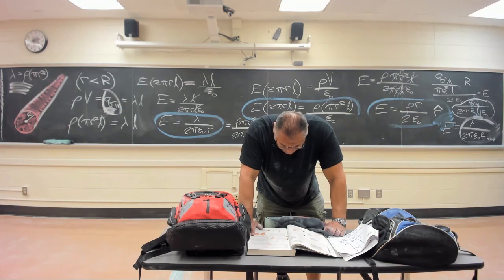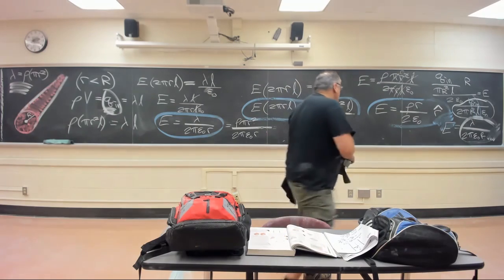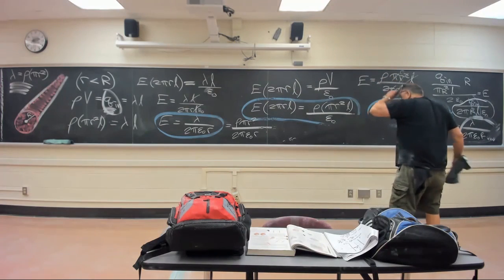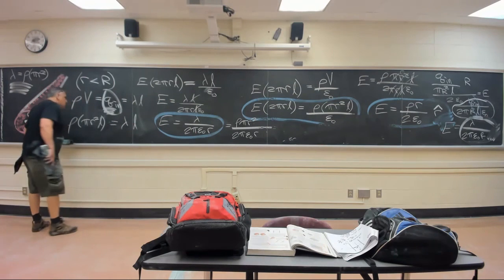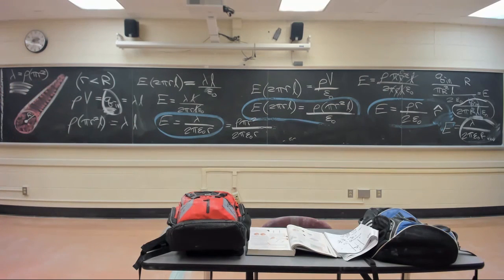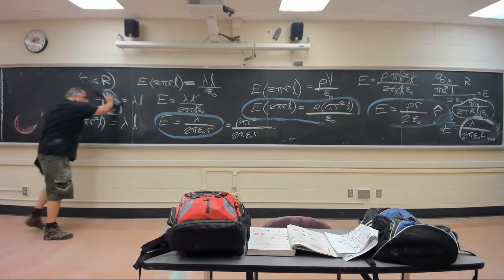Use Gauss's law and the principle of superposition to find an expression for the magnitude of the electric field at the origin. At least at the extreme point that we talked about, capital R, everything works pretty fine.